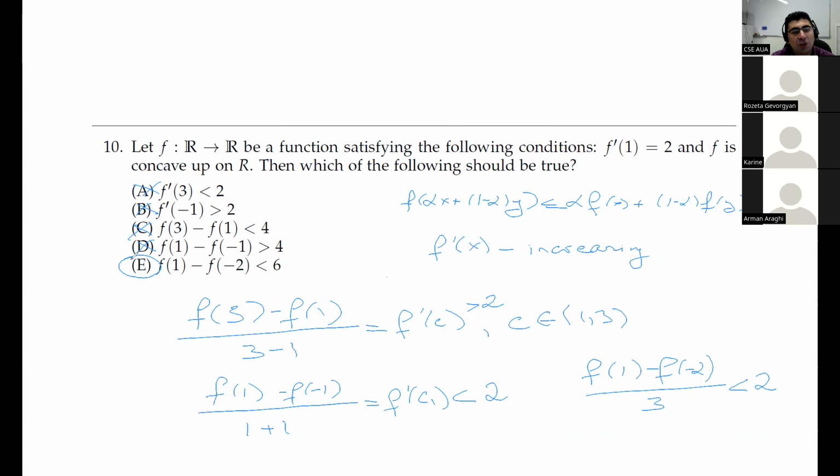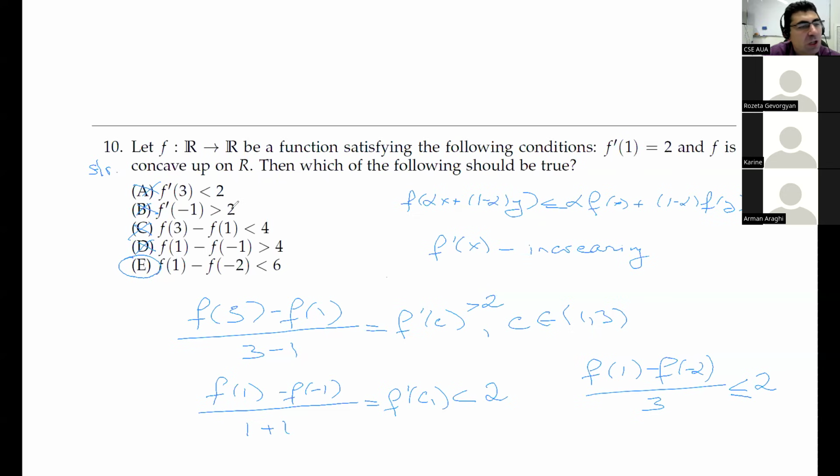If it is not strictly increasing, equality might happen. And here we can get not strictly less than 2, but smaller or equal to 2. So in my opinion, again, having here strictly concave up would make this exercise better.